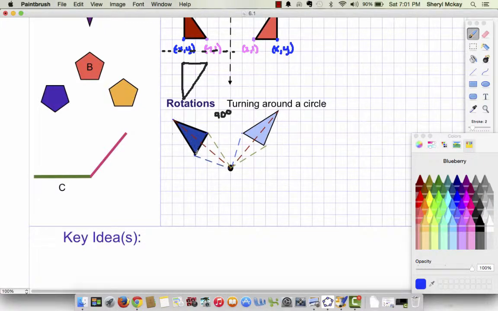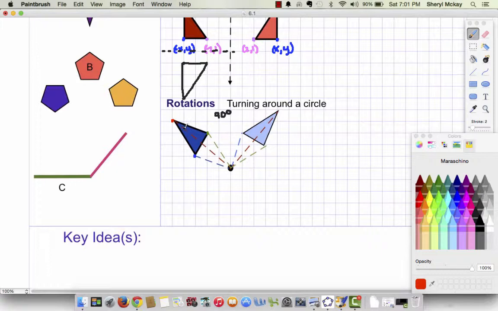All right, so we've got a blue point, a green point, and a kind of reddish color point. All right, so we've got these 3 points, and then we've got this black point right here. Now I want to rotate this dark blue triangle, and I'm going to rotate it 90 degrees.